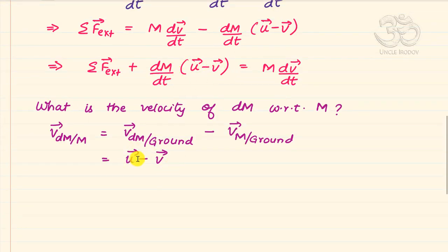So you see that I have got a u minus v here and I have got a u minus v here. I call this term v relative.